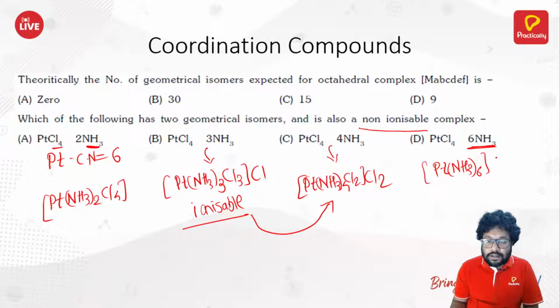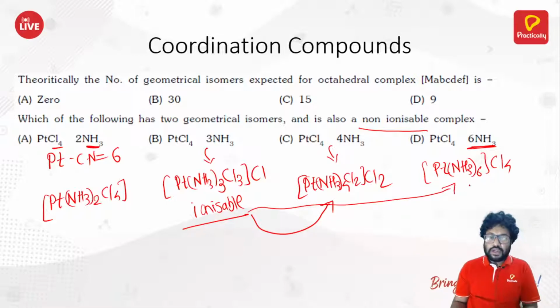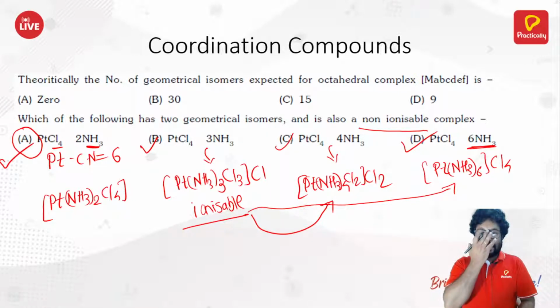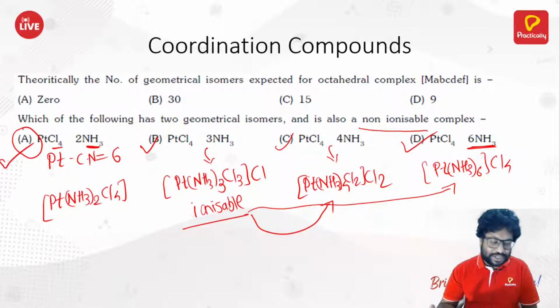And all the chlorine are outside. This is also ionizable. So B, C, D, all of them are ionizable. Only option which is non-ionizable is the first, and therefore A should be your answer in this particular case. Okay, that's how you can solve this kind of questions.